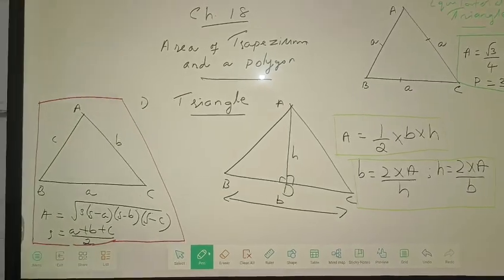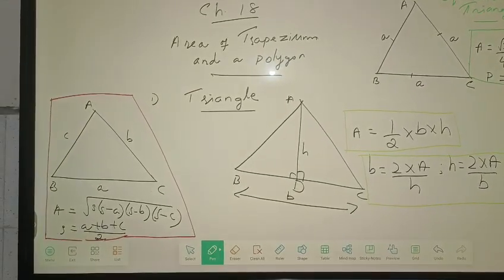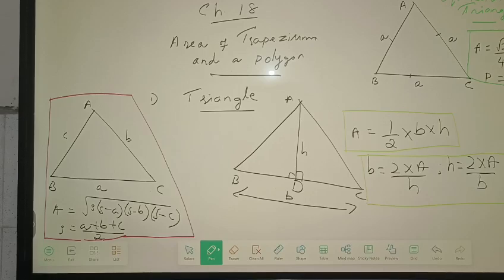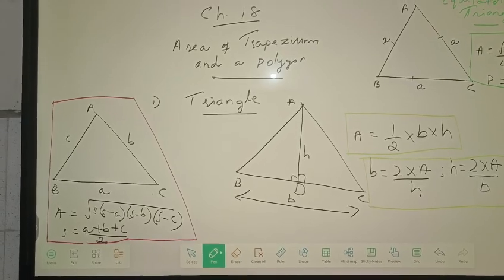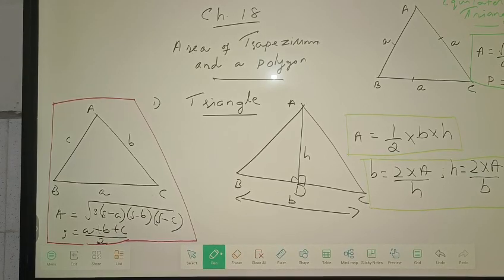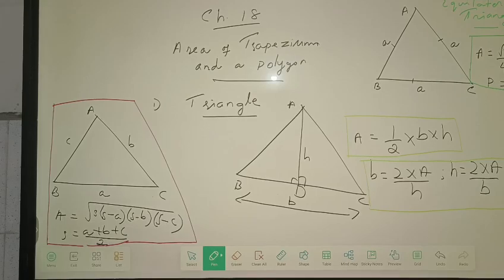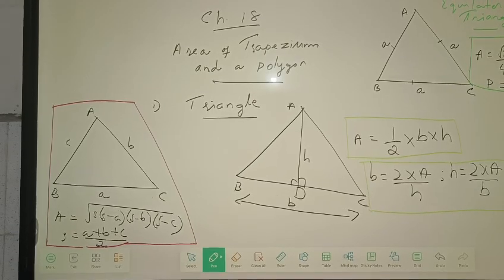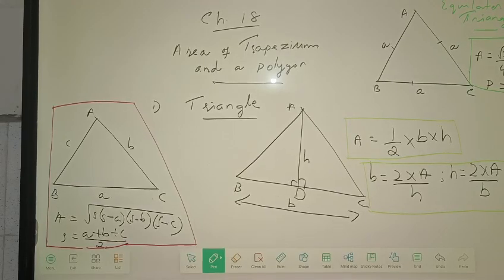And in the left corner you can see a triangle ABC is marked in which a, b, c are its sides. So when you are given all 3 sides of a triangle, the area equals under root s into s minus a into s minus b into s minus c, where s equals a plus b plus c upon 2. This whole formula you have done in 7th standard as well.